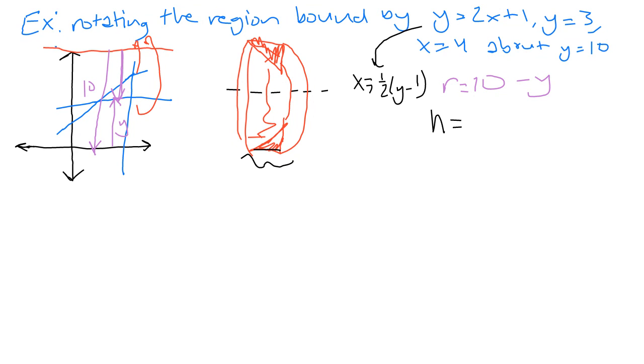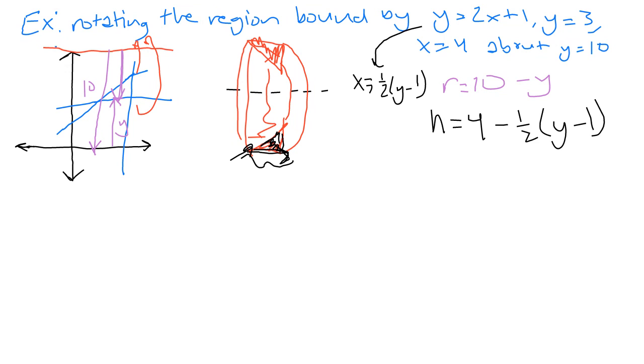So our height is determined by this little section over here. Our height is going to be that furthest piece out from our x-axis, which in this case is 4, minus that inner piece to our x-axis, which is 1/2 times y minus 1.